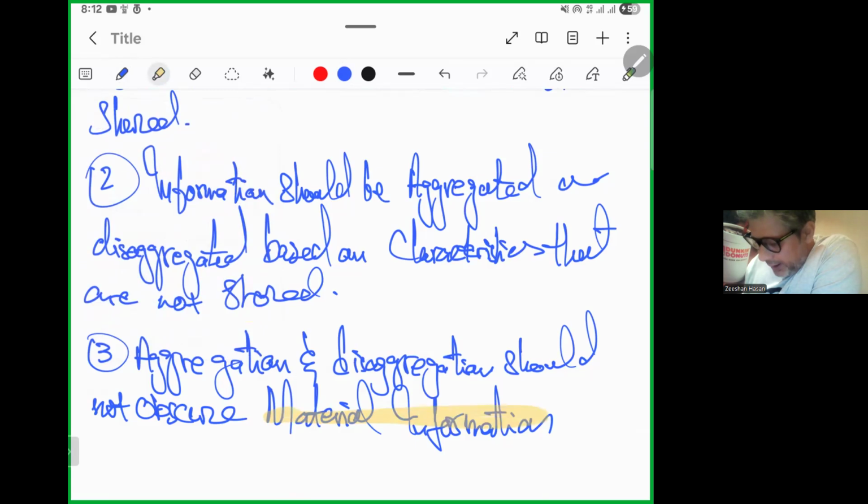So, what is material information? Information is material if its inclusion, exclusion, or misstatement could affect the decisions of users of financial statements.